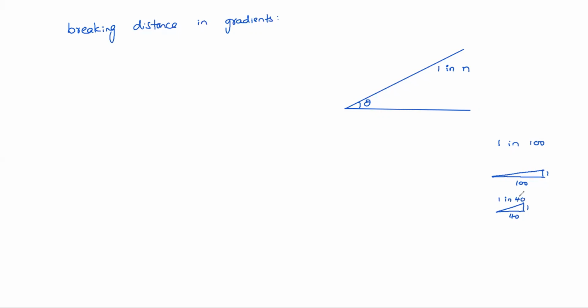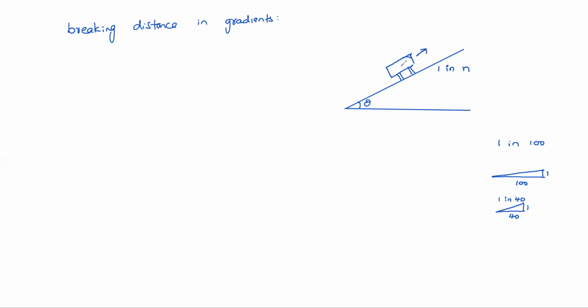So, 1 in n gradient is there here. If you have 1 in n gradient like this, then suppose the vehicle is moving like this, in this direction, up gradient.